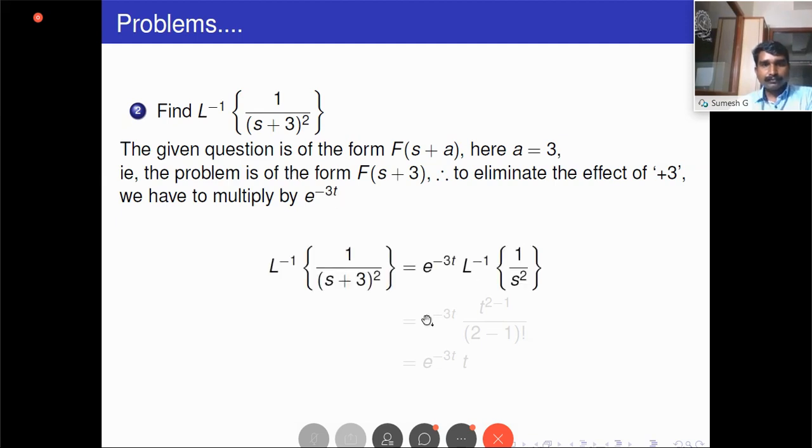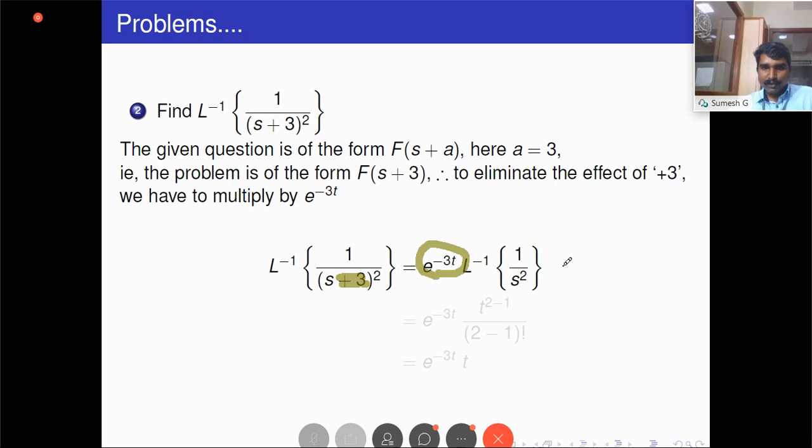Therefore, L inverse of 1 by s plus 3 whole square. First we eliminate this plus 3. If we multiply by e raised to minus 3t, then this plus 3 cancels. So it becomes L inverse of 1 by s square only.